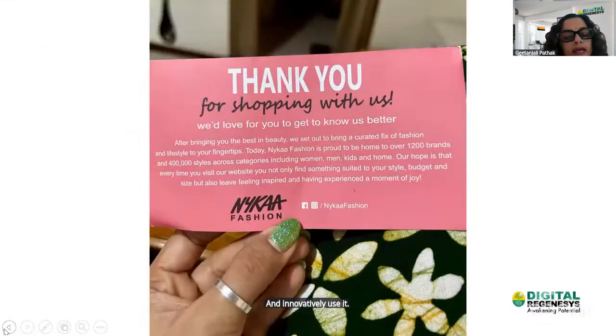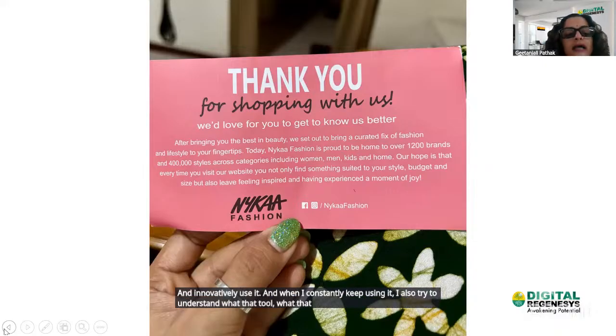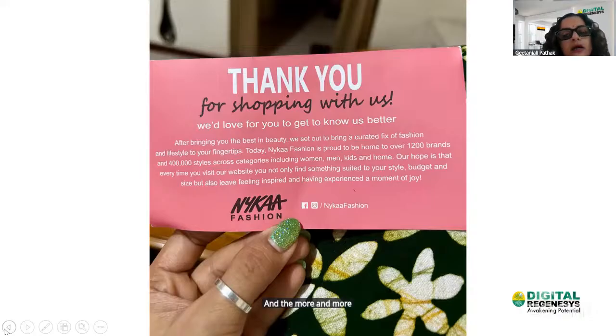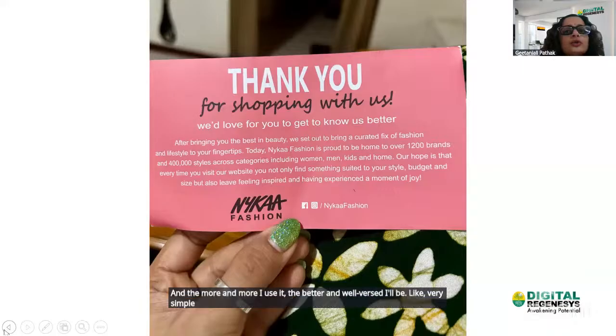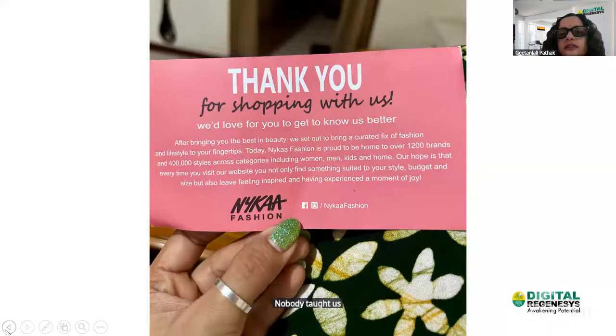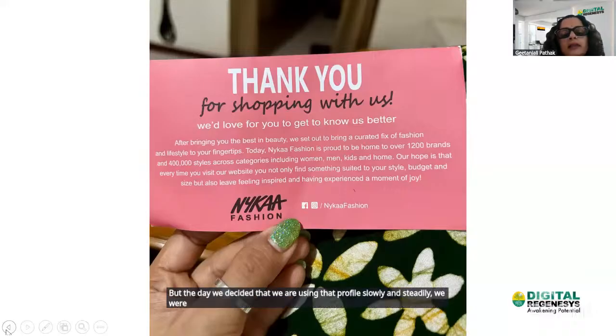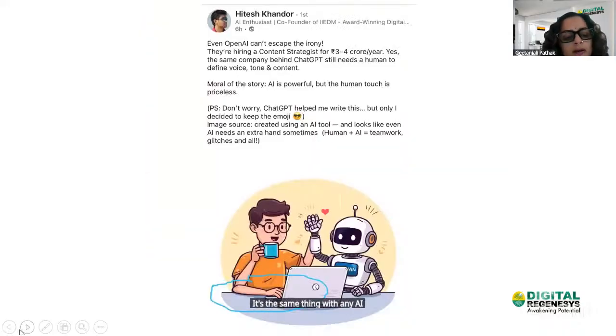And when I constantly keep using it, I also try to understand what that tool or platform is, and the more I use it, the better versed I'll be. It's a very simple association. Nobody taught us how to use Instagram. Nobody taught us how to use Facebook. But the day we decided that we are using that profile, slowly and steadily, we were well versed with that platform. It's the same thing with any AI tool or platform.